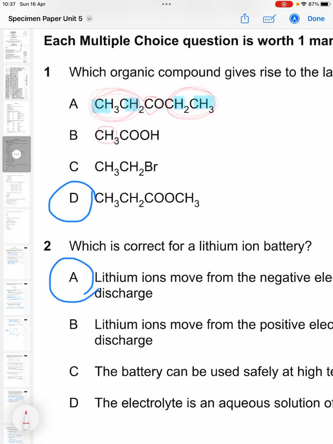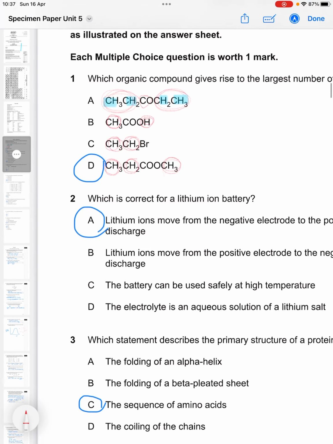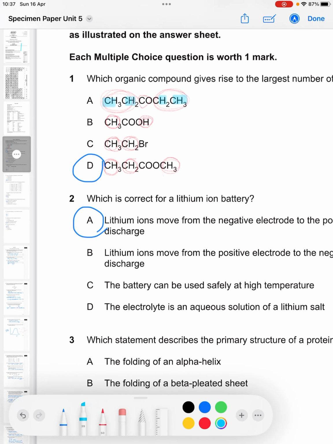In the next one, we've got 2 groups, there and there. In the third one, 2 groups. And if we look at the fourth one, there's a CH3, there's a CH2, and then there's this CH3 in a different environment. So that is going to give rise to the largest number of peaks. So your answer is D.